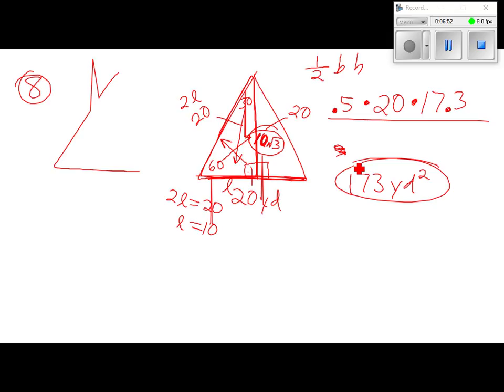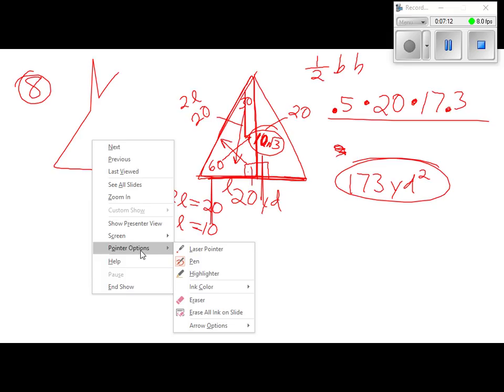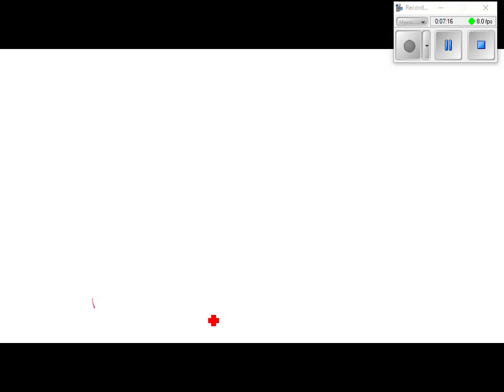Next question. 45. This changes to not 25. 23. Which one? 23. Is that a 30, 60, 90, or 45, 45, 90 triangle, or what? 30, 60, 90?